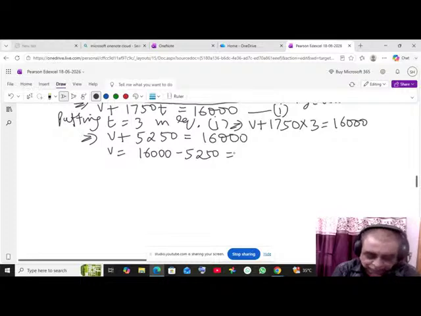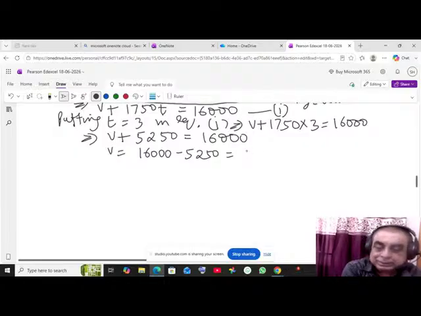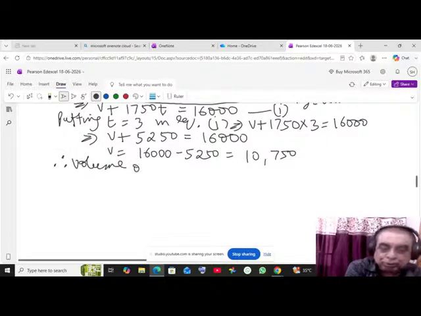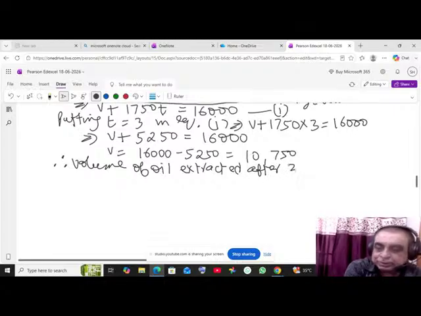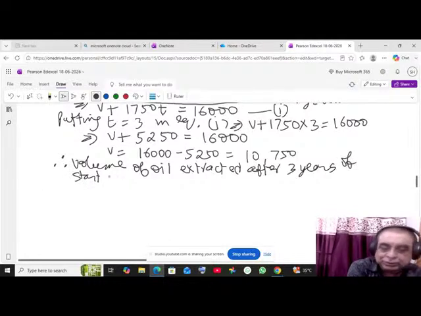So this is 16,000 minus 5,250. You get 10,750. So that is the answer of the first part. So volume of oil extracted after 3 years of start, how much oil is drilled per day?